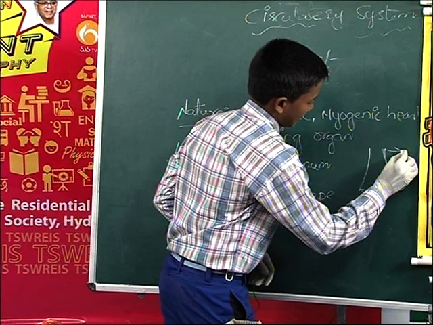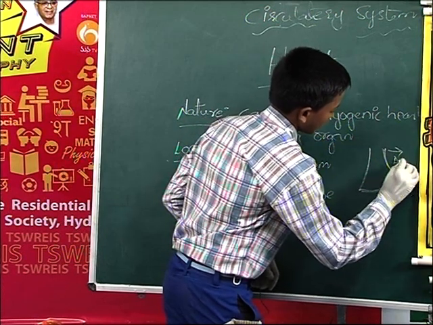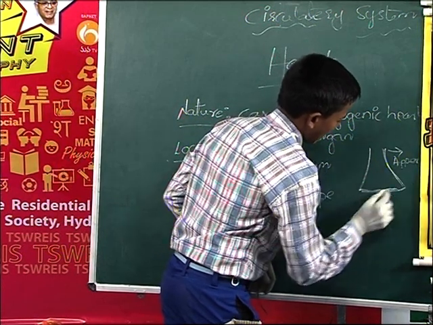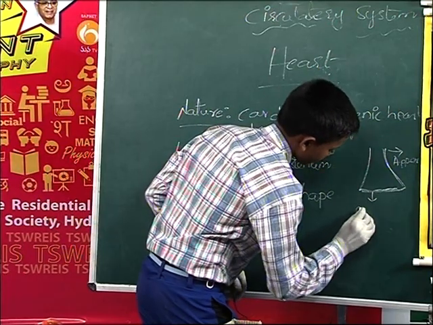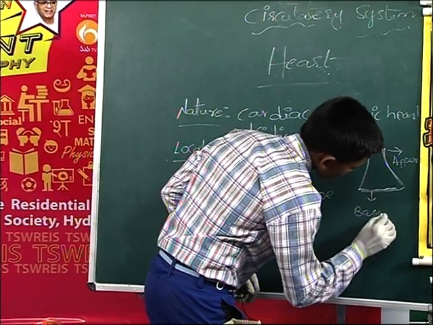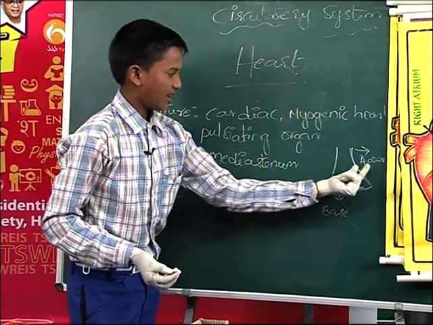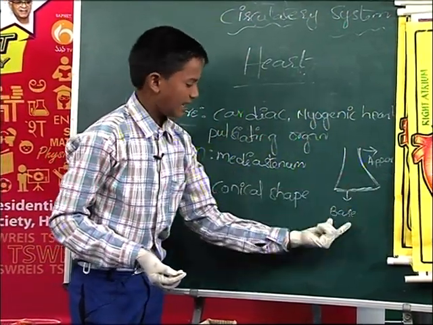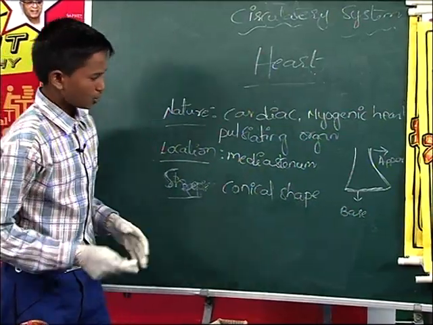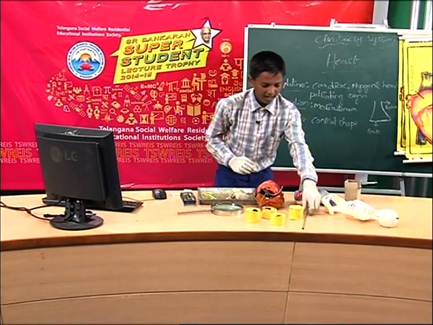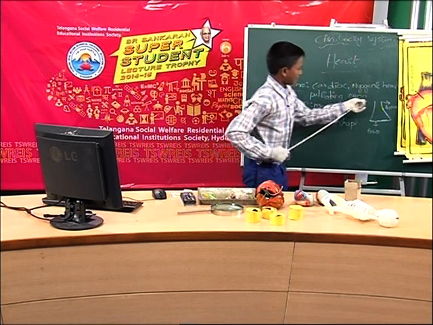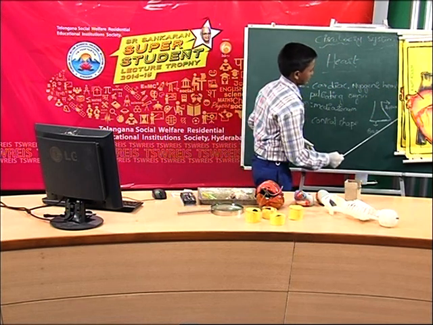Here this is the apex, and this is the base. Here, Tswreis, this is the conical flask.